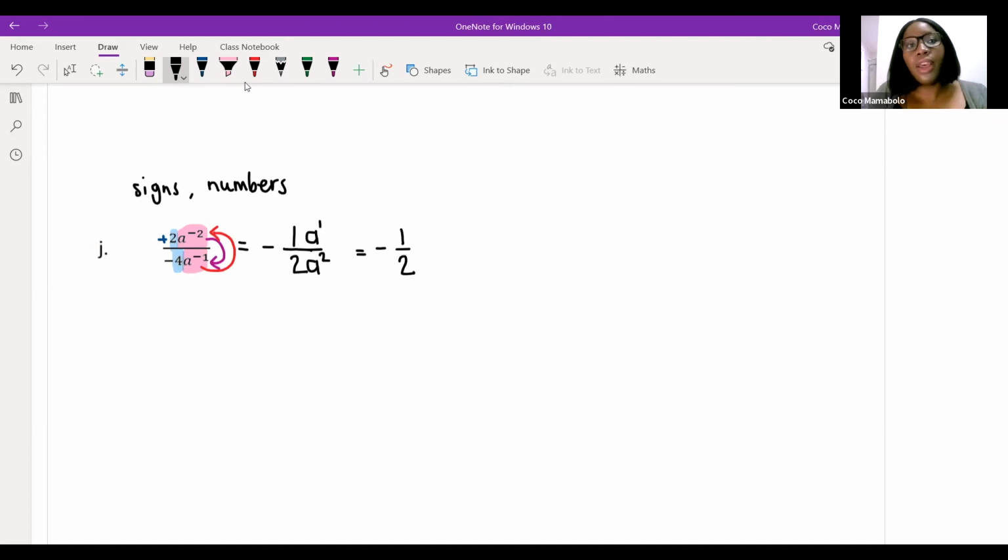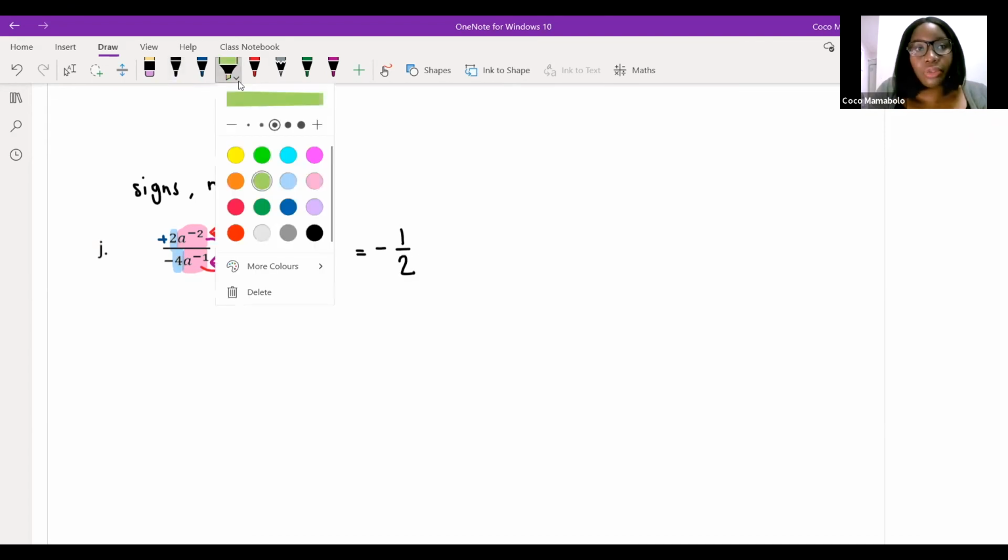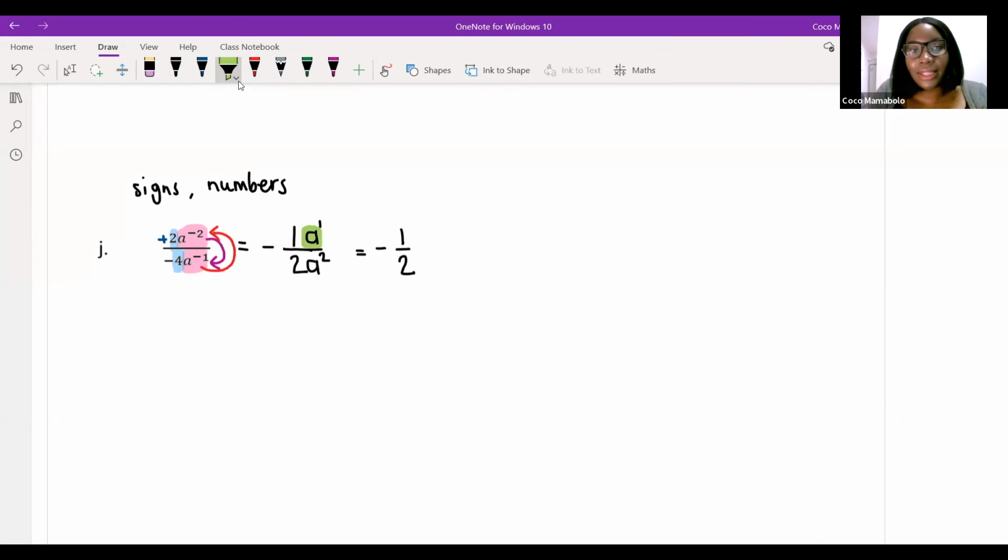That's all I have. But I also have, guys, don't forget, the same base over here. I have same bases. Now, if I see bases that are the same, what am I going to do? I'm going to keep my base. And we are dividing, therefore I need to subtract my exponents.